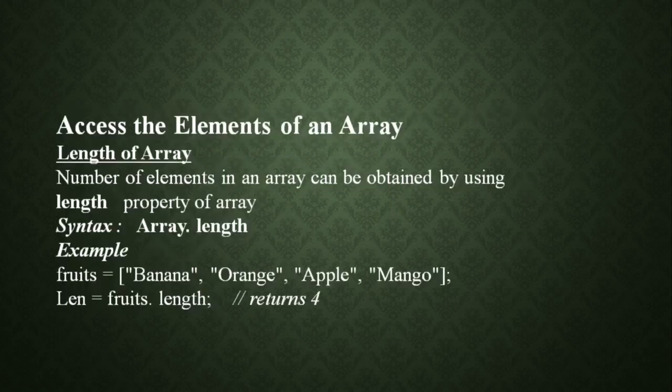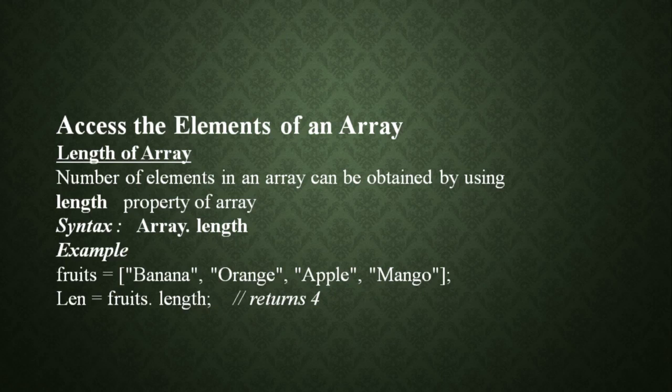How do we access these elements of an array? By searching for an element in an array or using the length of an array, we can access these array elements. Now, how do we identify the number of elements in an array? It is obtained by using the length property, array.length.